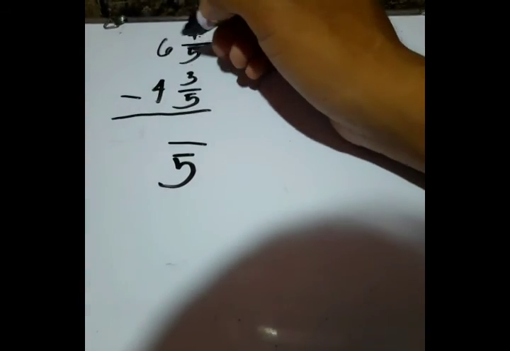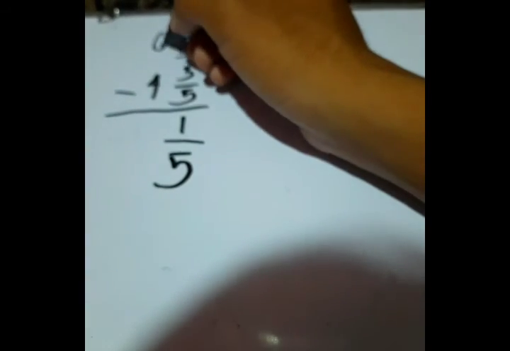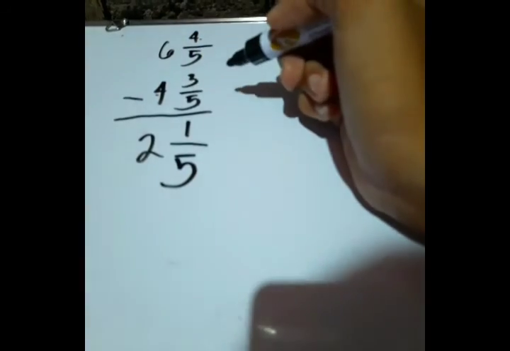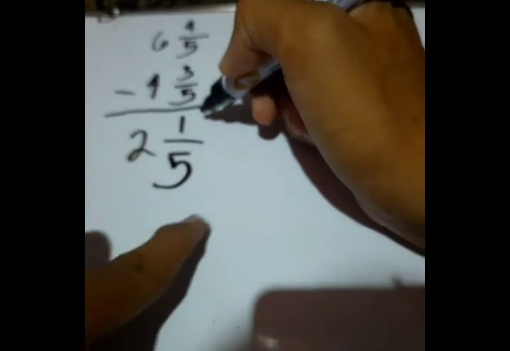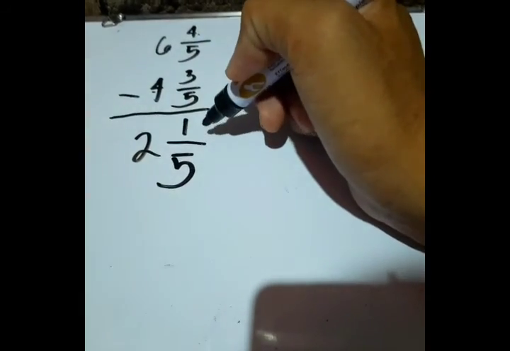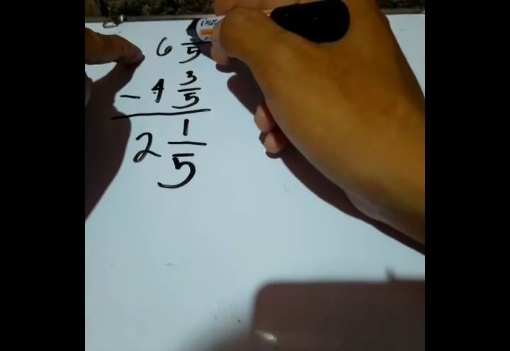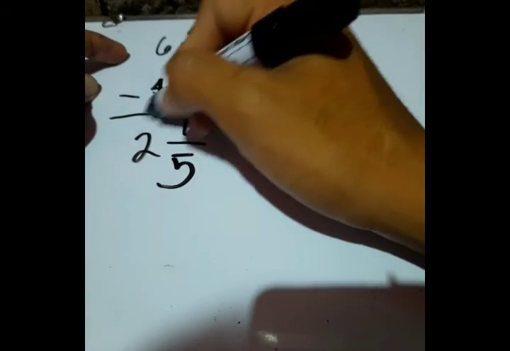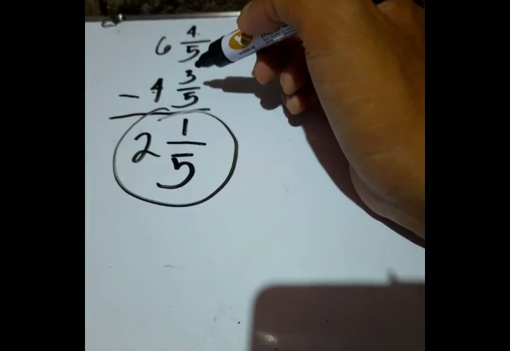And then 4 minus 3 is equal to 1. 6 minus 4 is equal to 2. So there. Since this is already the simplest form, the difference of 6 and 4/5 and 4 and 3/5 is equivalent to 2 and 1/5.